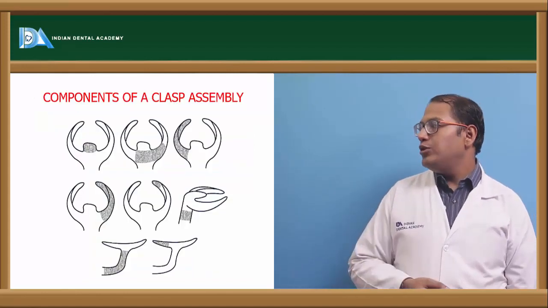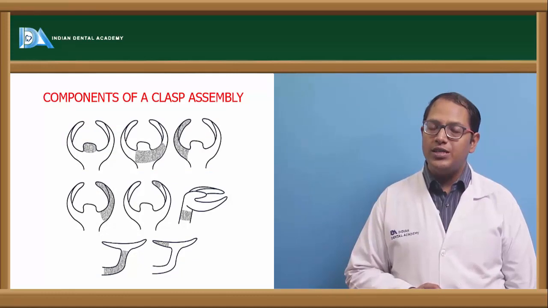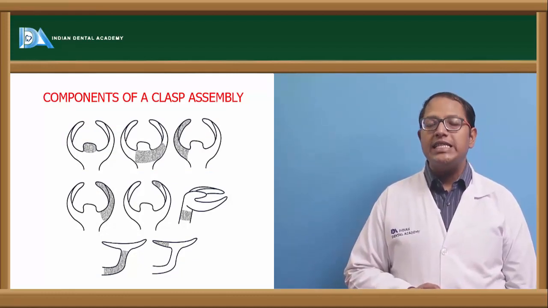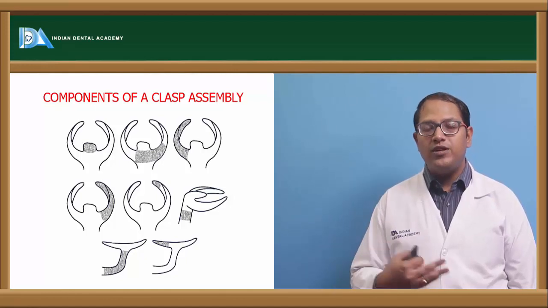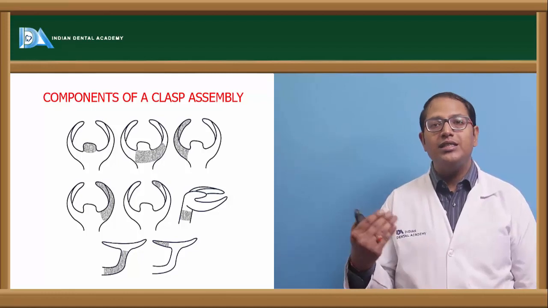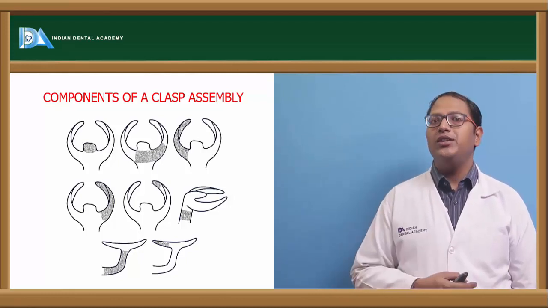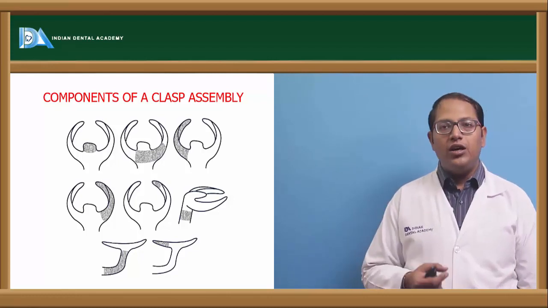Coming to what are the components of a clasp assembly. The clasp assembly will have components called the reciprocal arm. On the bracing side, we will have the retentive arm. The retentive arm is further divided into three parts, where the first two sections of the retentive arm are above the height of the contour, and only the retentive tip goes below the height of the contour into the undercut area. We also have a body of the clasp arm.